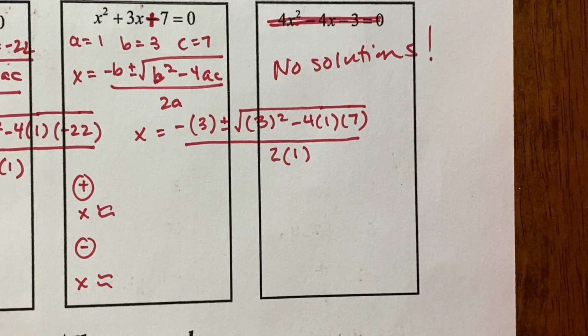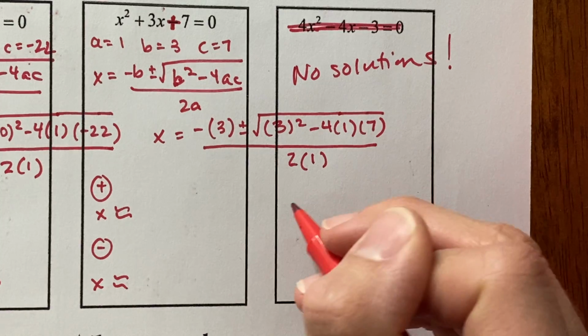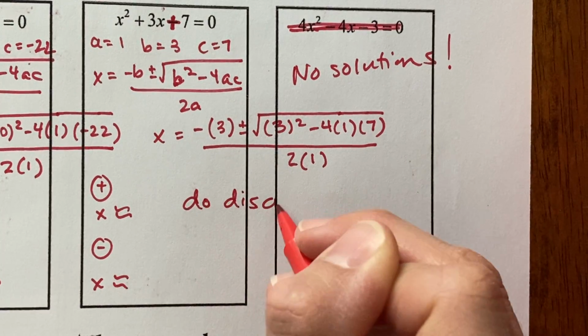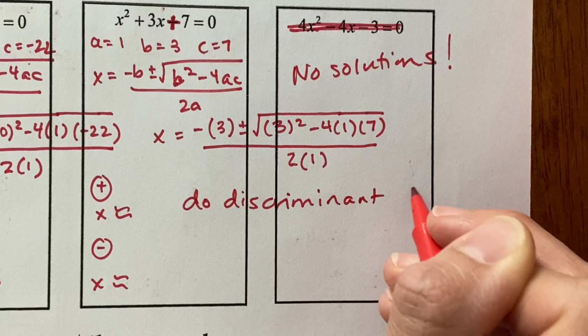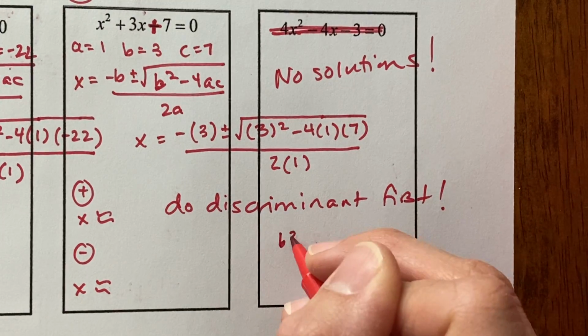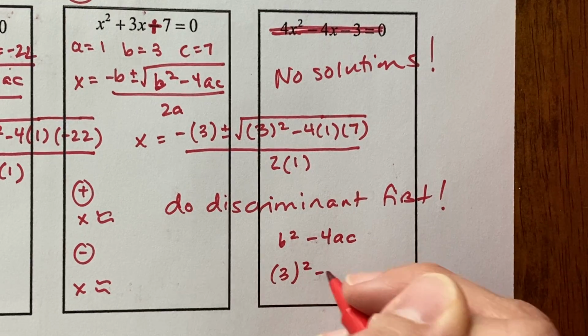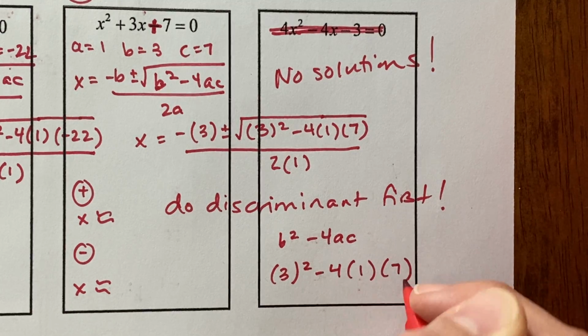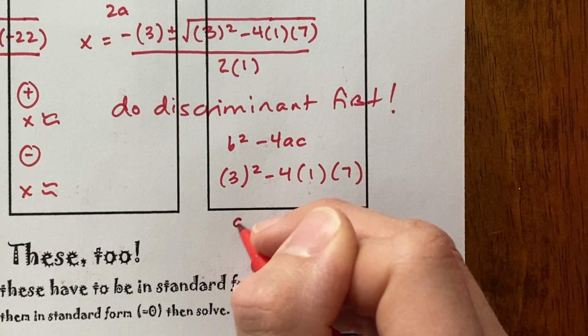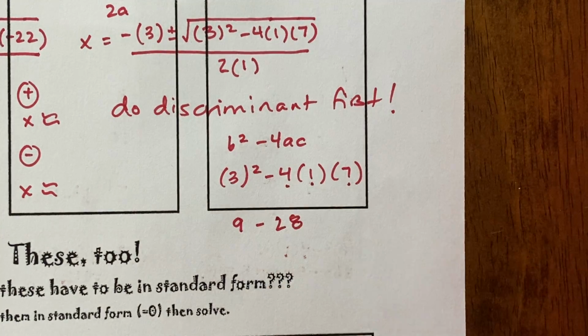Okay, so at this point, this is why it is beneficial, I believe, to do the discriminant first. Because had I just done b squared minus 4ac, I would have had 3 squared minus 4 times 1 times 7. 3 squared is 9, minus 4 times 1 is 4, times 7 is 28. 9 minus 28 is going to give me not a positive number, right?